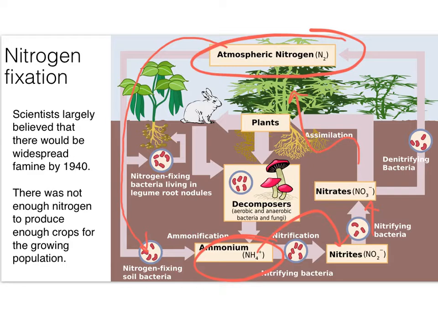You wouldn't be able to grow more crops. And so as the population of the Earth increased, people would ultimately not have enough food to eat, because we would deplete the amount of nitrogen needed to grow food. And this was a very serious problem people were facing.